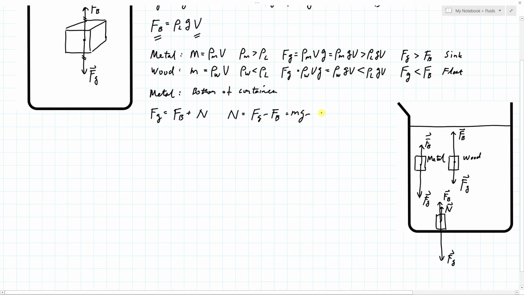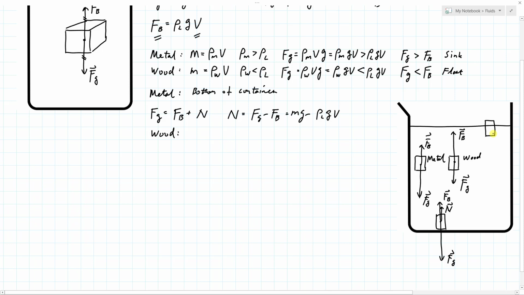Mg minus buoyancy, which is rho liquid, g times the volume of the metal. So that's how the metal will end up basically sinking to the bottom. And for the wood, say we let go of the wood while it is submerged, the wood will float to the top.